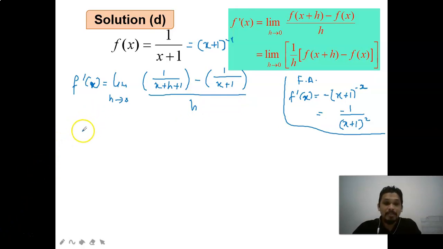So next, when the limit of h approaching 0, a fraction minus fraction divided by h, we can simply bring this above here and multiply with 1 divided by h.